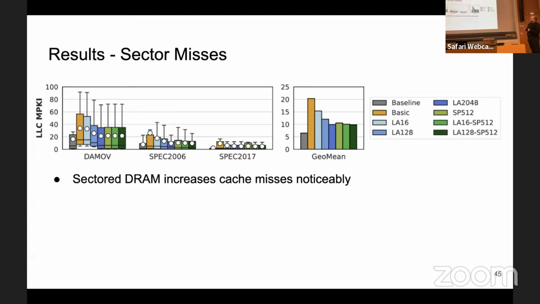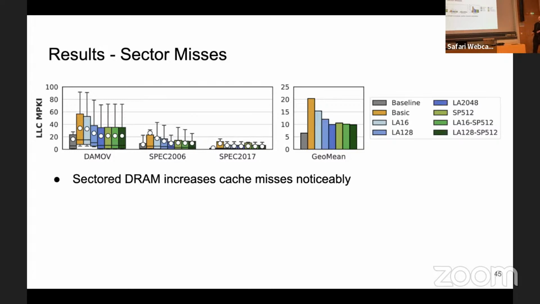And the gray data is the complete baseline, so just normal DRAM. And then the orange data is sector DRAM without any mitigation strategies, so no look ahead and no sector prediction. And then all of the other colors represent variously intense versions of these mitigation strategies.